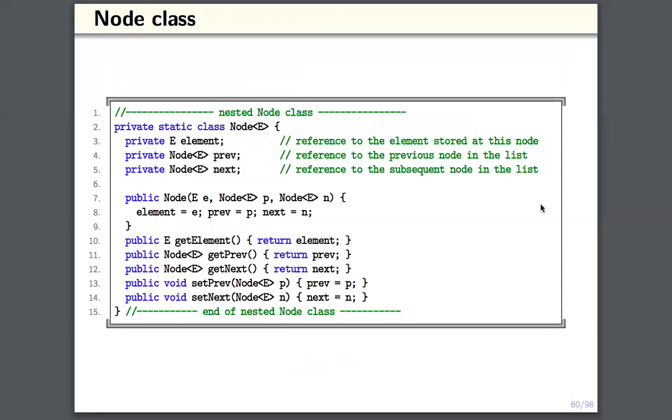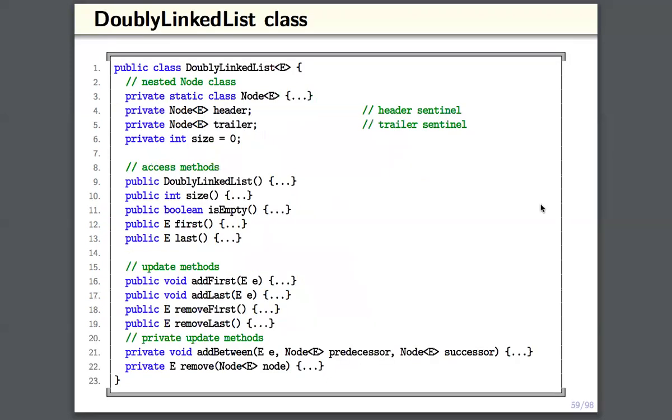Professor, can I ask a question before you go on? Yes, yes. So you have the node class nested in here for encapsulation reasons. But if you made that its own class and its own Java file and made it private, would that accomplish the same thing, or do you need to have it nested for the encapsulation?